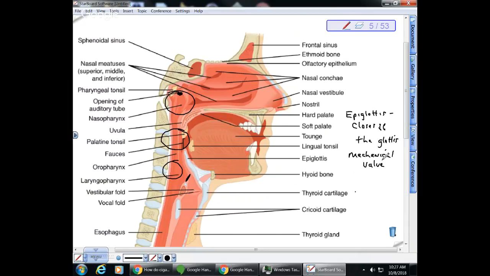So what that means is that something has to push against it in order for it to close. Okay. So when we swallow food, we'll talk about this, but a food ball or bolus can actually push against that epiglottis and cause it to fold over.